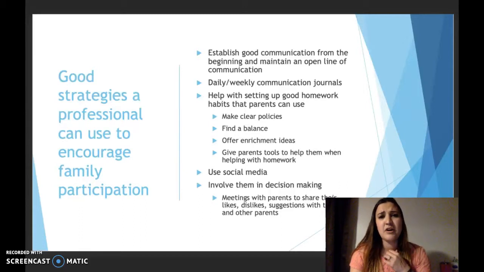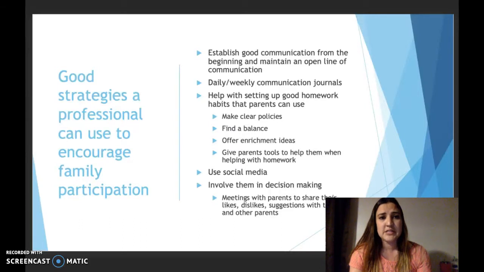And the last one is involve the parents, involve the families in decision making. Sit down maybe monthly or every other month and have a parent meeting. Invite them to come out, have cookies, and talk about what they like and dislike about what their children are learning or how their children are learning or things that they're doing, and let them have a voice in how you're teaching their children.